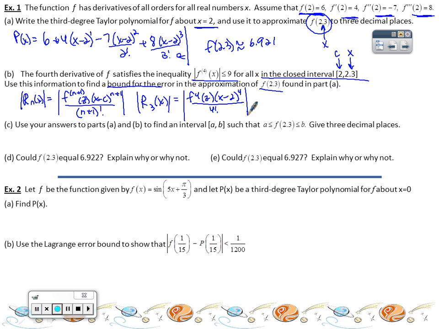Now I'm writing it without the maximum derivative value there, just so we can talk about it a little bit more.